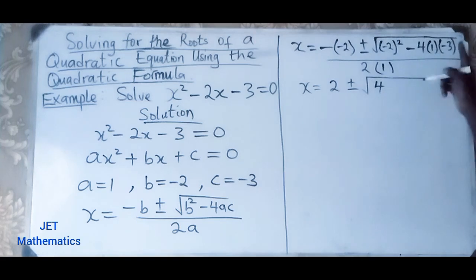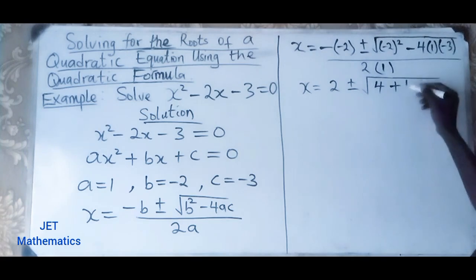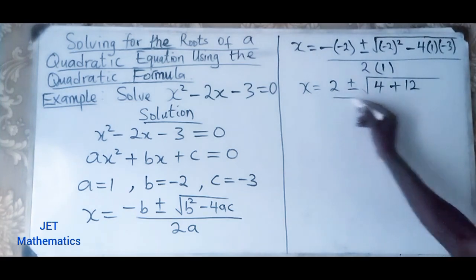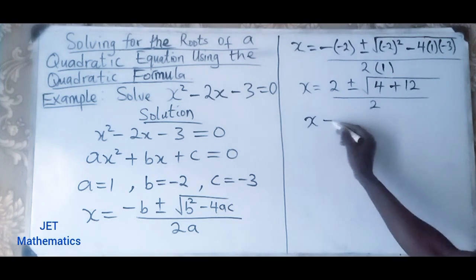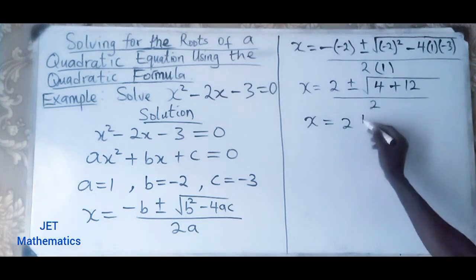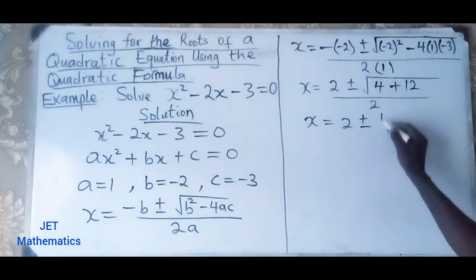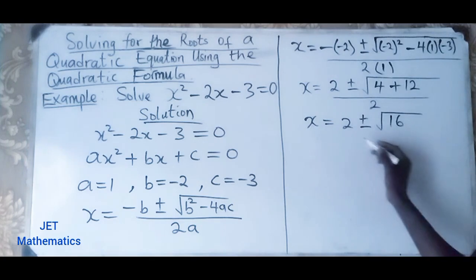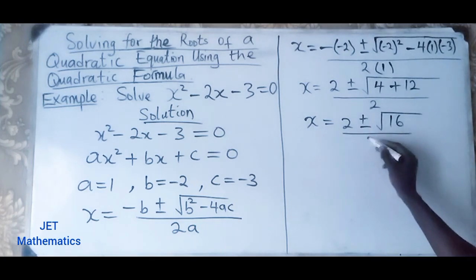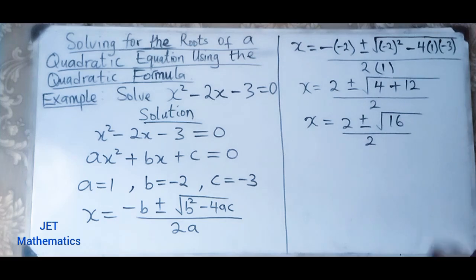Then minus 4 times minus 3 is plus 12, all over 2. That's quite easy. So we have x is equal to 2 plus or minus the square root of 4 plus 12, which is 16, all over 2.